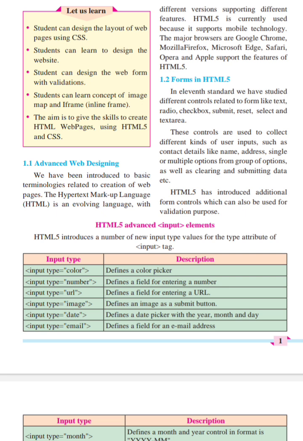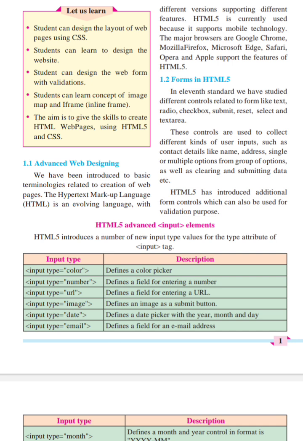Now we are going to see about forms in HTML5. In 11th standard, we have studied different controls related to form like text, radio, checkbox, submit, reset, select and text area.